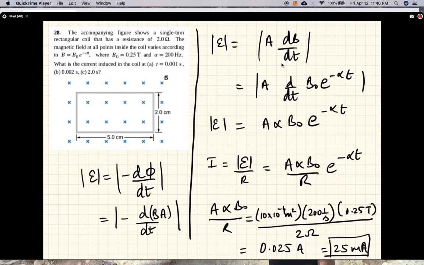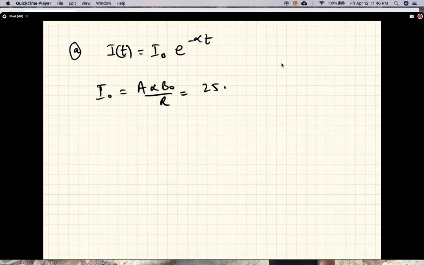Now we'll find the current at various times. We will write the expression for the current as current at time 0 times e to the power of minus alpha t, where we just found I0, which is A alpha B naught divided by R, to be 25 milliamps.